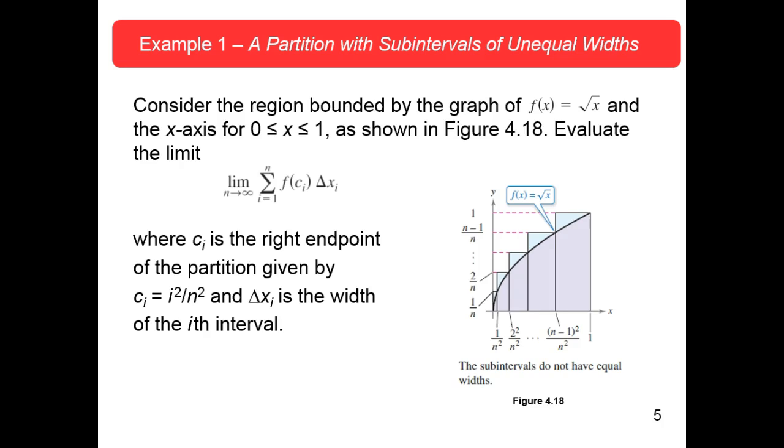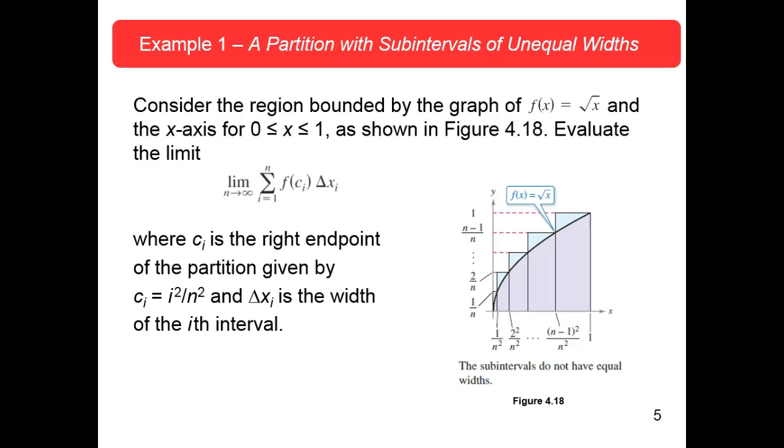This is really bizarre. I've never seen a book do Riemann sums this way. It's okay, but it's rather bizarre. It's the right-hand endpoints, and for n equal 2, you're doing your counting from 1 to n, so you're only doing 1 and 2.